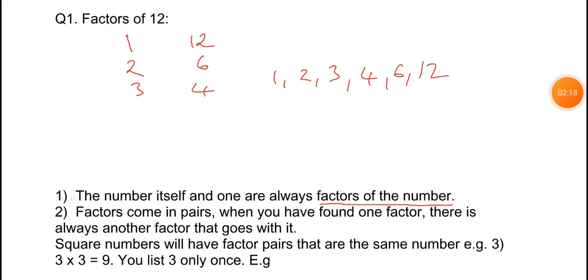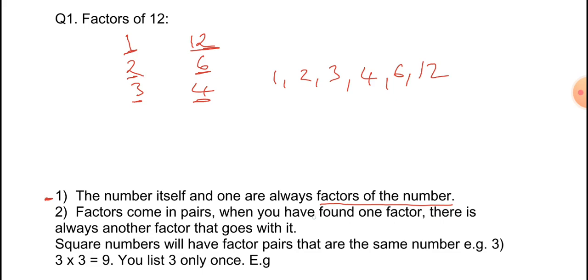So to summarize, bullet point number 1, the number itself and 1 are always factors of the number. As we see here, 1 and 12 were factors of the number 12. Factors come in pairs, as we saw. So 1 and 12 were one pair, 2 and 6 were another pair, 3 and 4 were another pair.